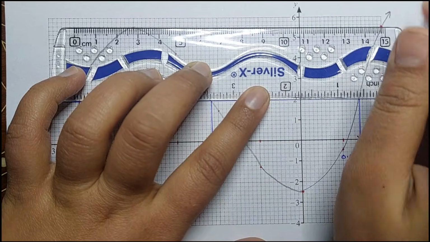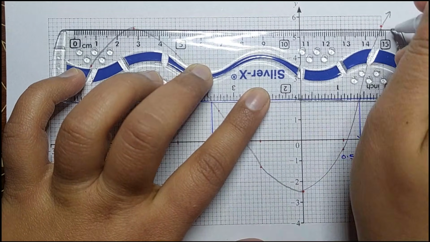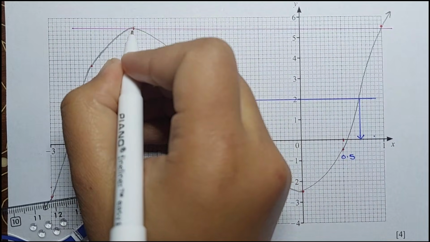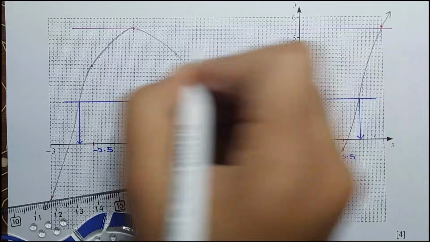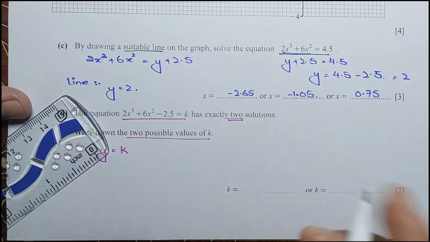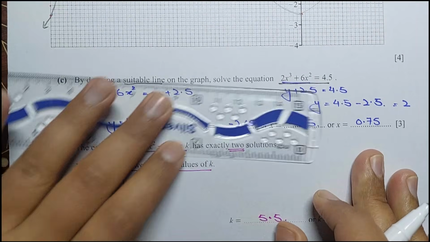You guys can see when we draw this line, it has 2 solutions, and this line is, I guess, 5.5. Yeah, it cuts the curve at 2 points. So the k value 5.5 is the first solution, or at the bottom as well.